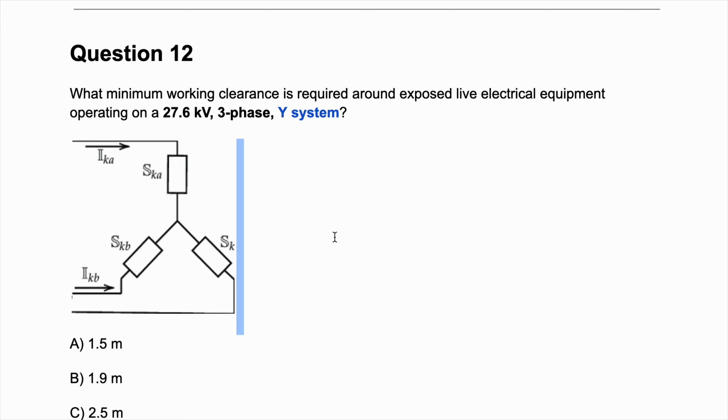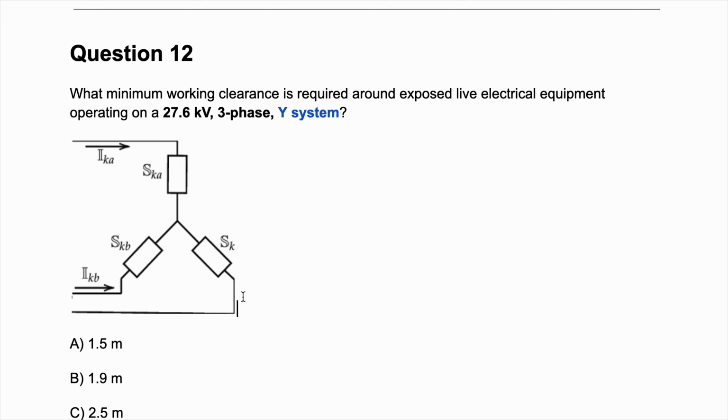But imagine that you have this load, and these parts are exposed. They are on bus bars or something, or they are exposed terminals. So imagine that you are coming from this side, your foot is on the ground, and this neutral is also connected to the ground. So when you want to touch this conductor, actually your body sees 27.6 divided by root of 3.